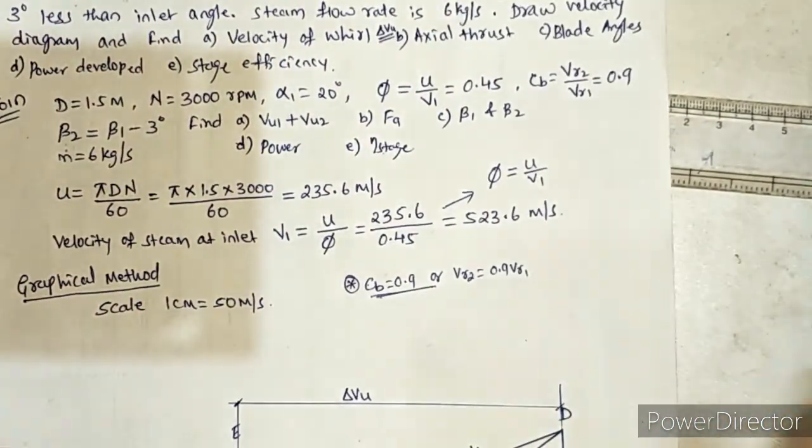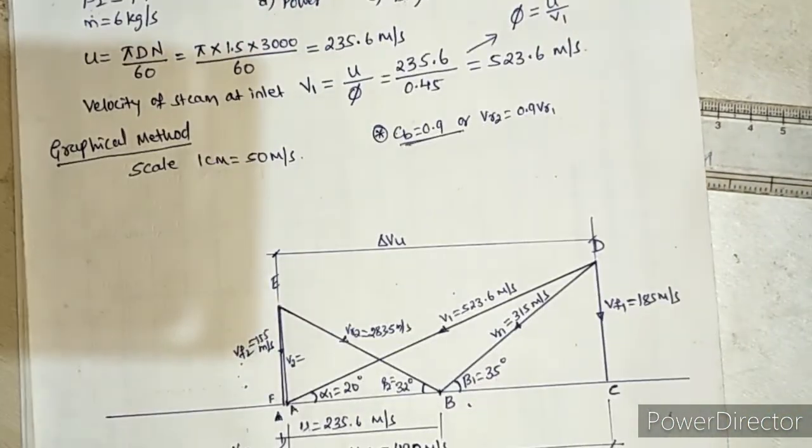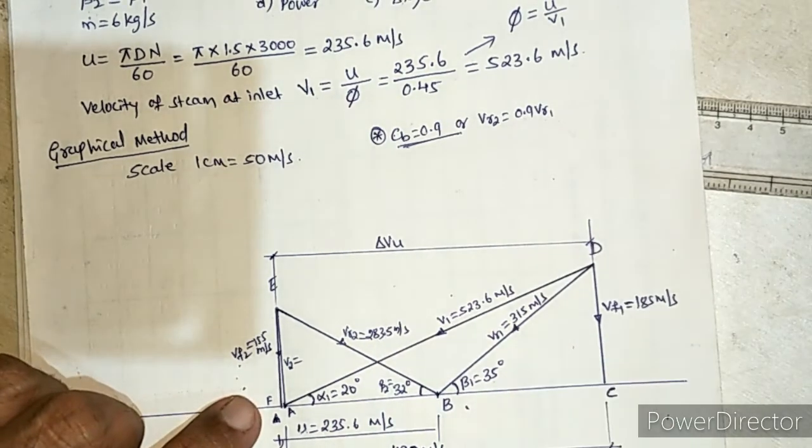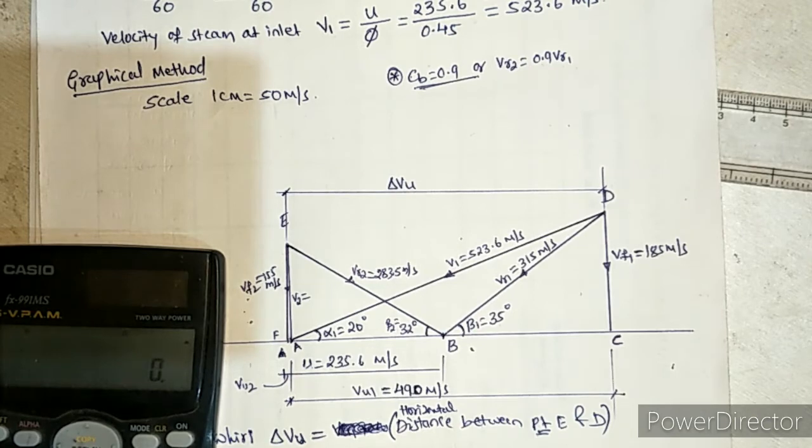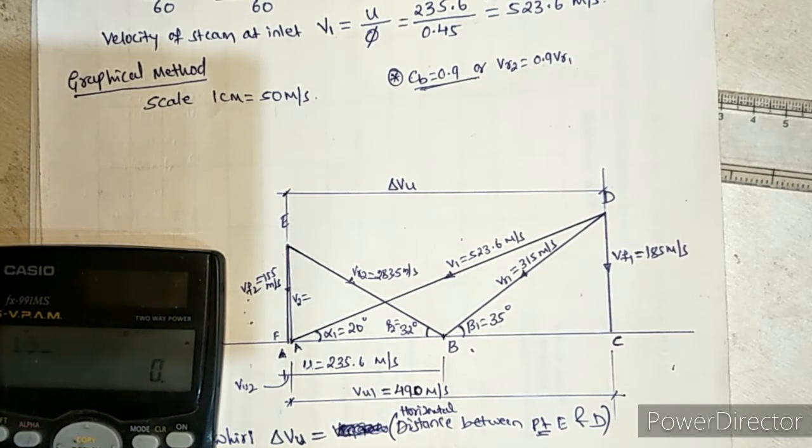It is the steam flow rate of the turbine, so it is 6 multiplied by Vf1 185 minus 155.